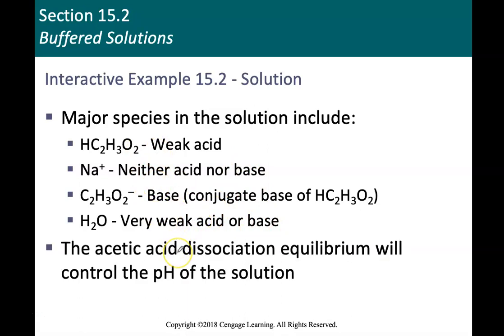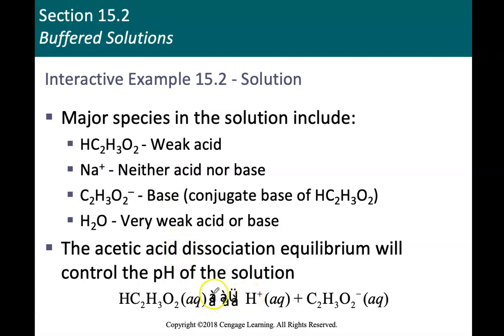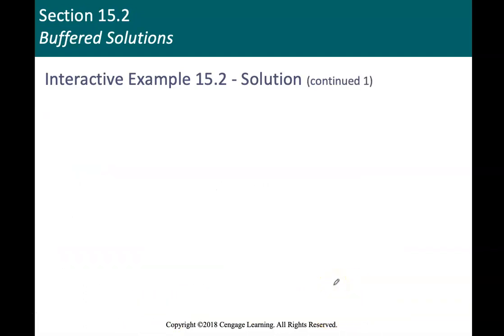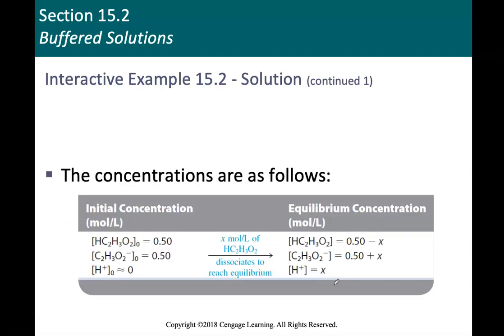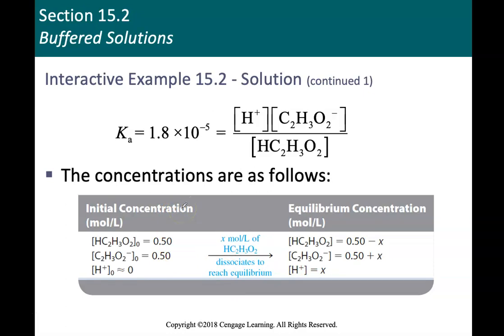The acetic acid dissociation equilibrium will control the pH, so let's look at that equilibrium. This is the ionization of acetic acid to the hydrogen ion and the acetate ion. Let's draw the equilibrium setup.